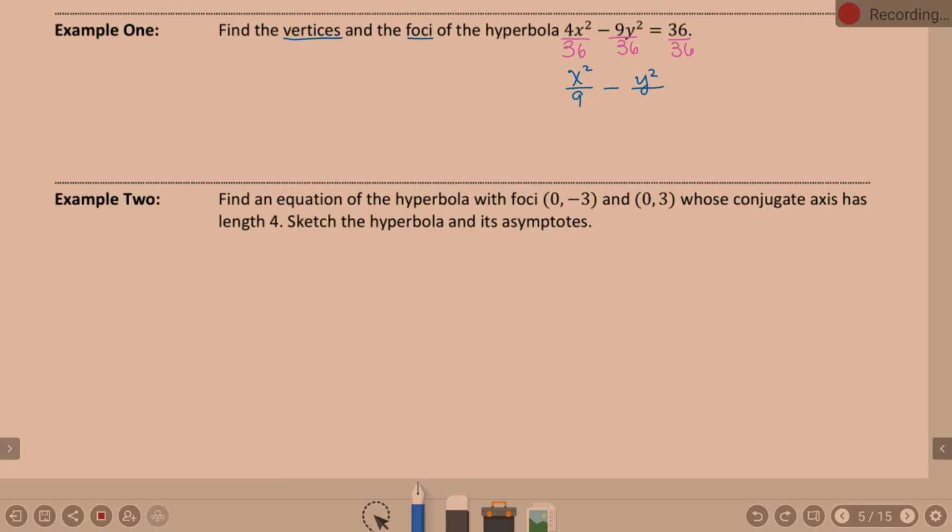It's y squared over 4, because 9/36 reduces to 1/4. Now, if I want to go one step farther, I could write this as x squared over, what do you know about 9? 3 squared. It's 3 squared, minus y squared over, what do we know about 4? 2 squared. Okay? I'm not saying you have to.